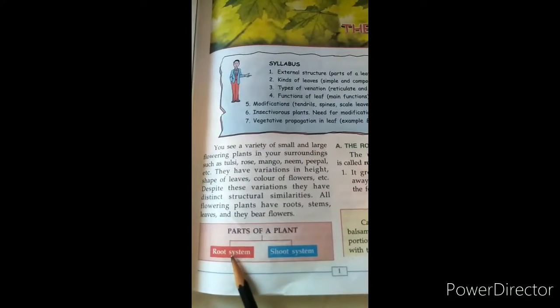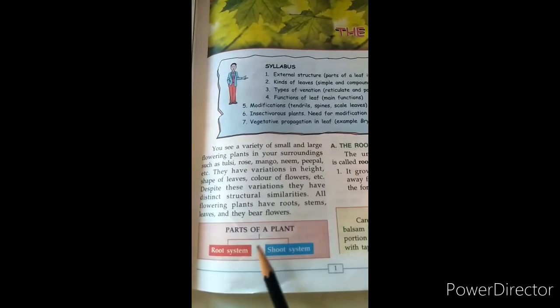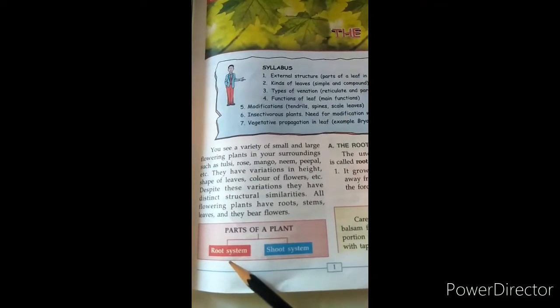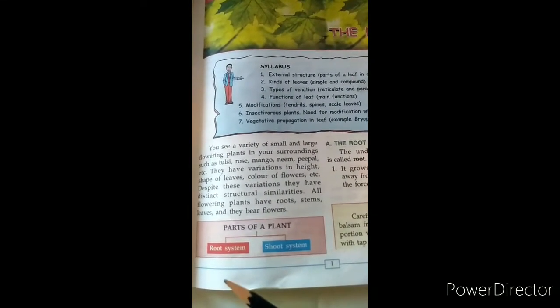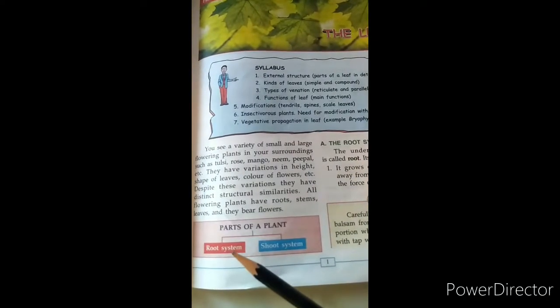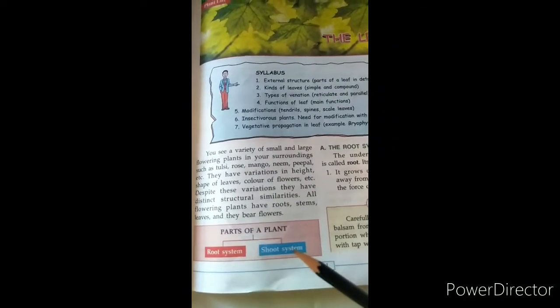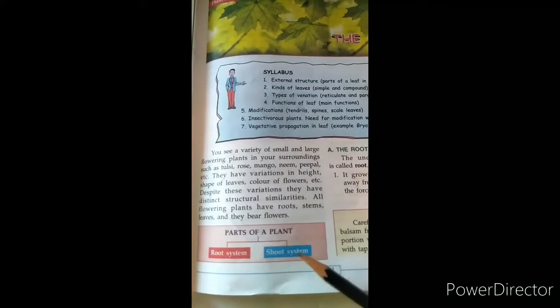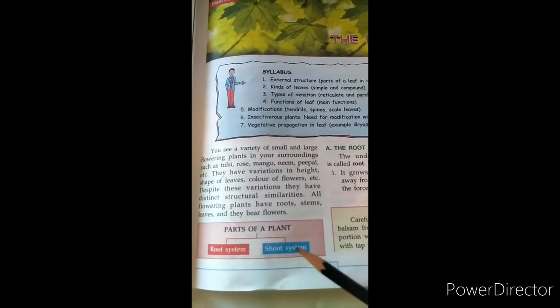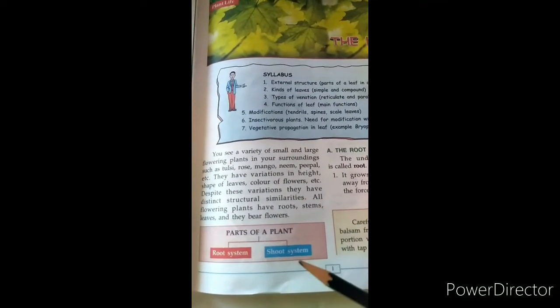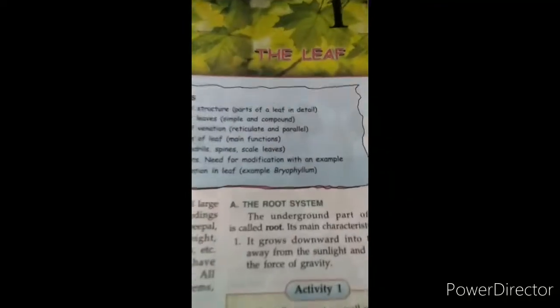The root system is that part of the plant that grows below the soil, that is not visible to the eye. And the shoot system is that part of the plant that grows above the soil and it is visible to us.